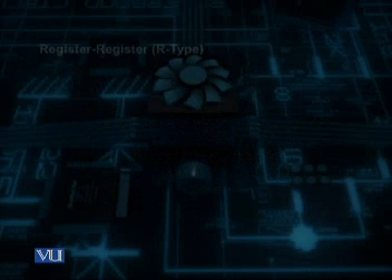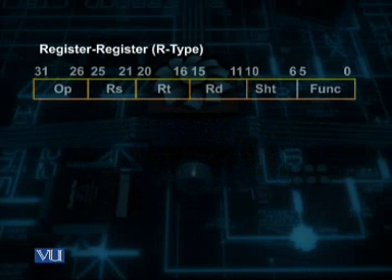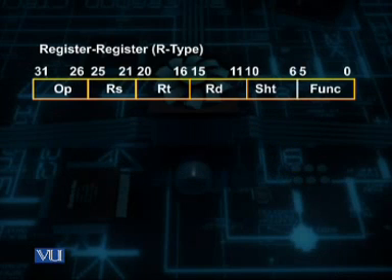You can see that the instruction word here has been divided into a total of 6 fields, where the first field is the opcode field, which is 6 bits in length. Following this are 2 fields, RS and RT, that is the source register and temporary register, which are usually used to keep the contents of two source operands.